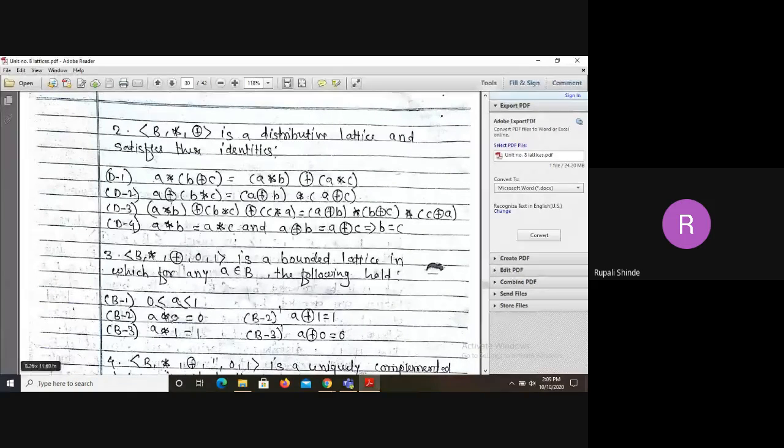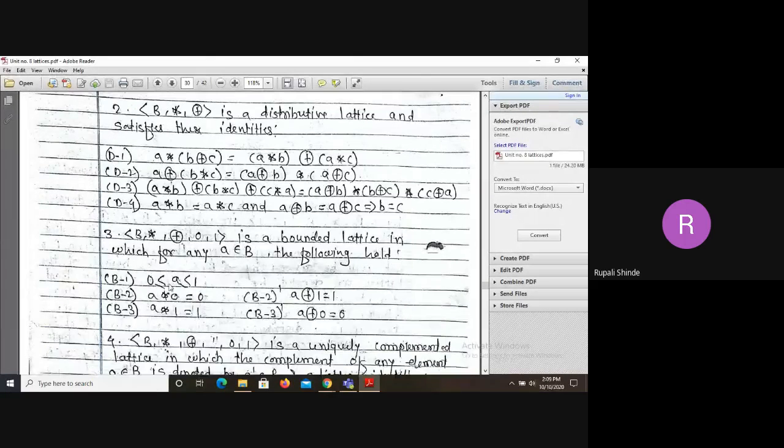Now the third part is for a bounded lattice. So V star XOR 0, 1 is a bounded lattice in which for any A belonging to B, the following properties hold. So what are those properties? B1, B2, B3.